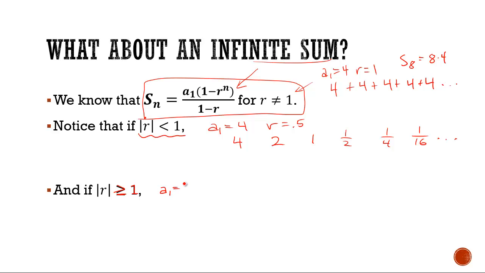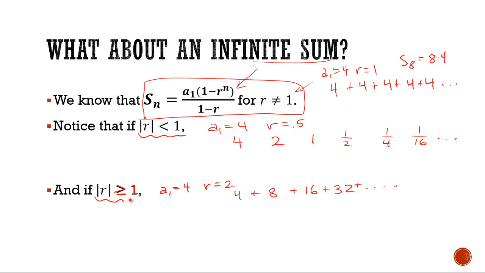Well, if a1 is 4 and r is, say, 2, that's going to be 4, 8, 16, 32, and it keeps going, and it becomes bigger and bigger, and of course it's not going to converge to any number. It's going to grow exponentially, and if you add them all up, it's going to end up being infinity as well.